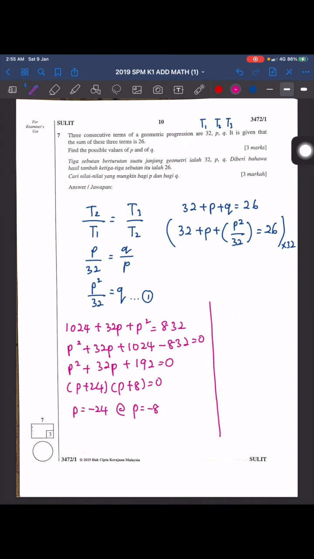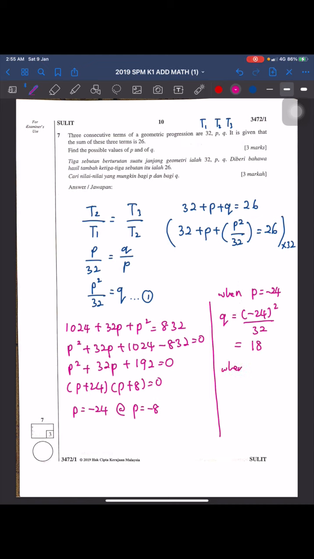So when P is negative 24, Q is equal to negative 24 square over 32, kita akan dapat 18.